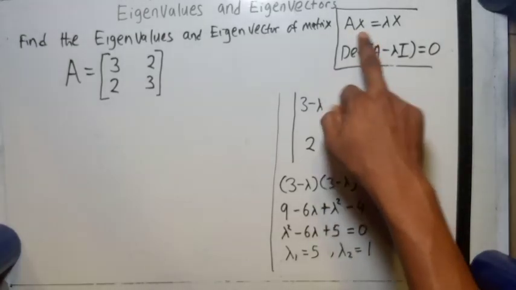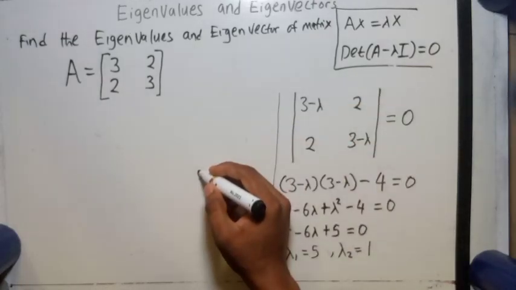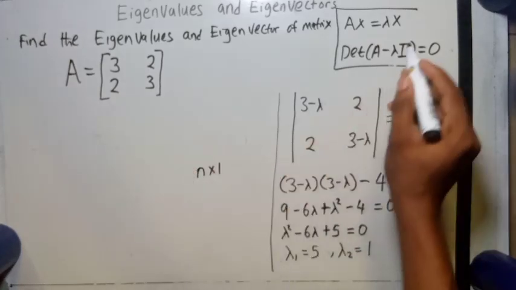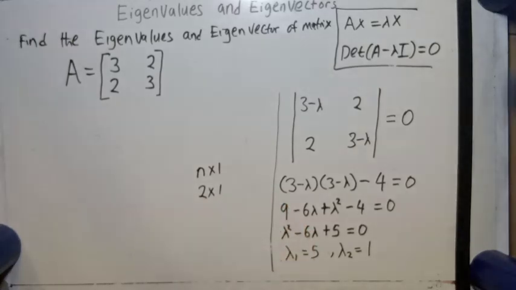But our eigenvector, on the other hand, is a matrix, and it has the form of rows by columns, that is, n times 1. If this is a 2 by 2, the matrix of your eigenvector will be 2 times 1. That is 2 rows, but 1 column.